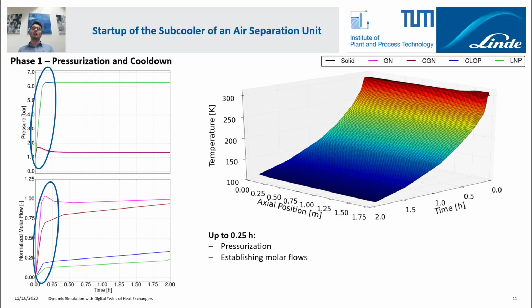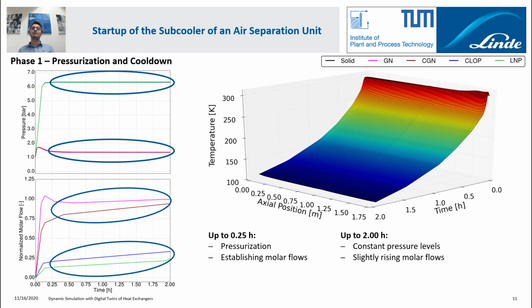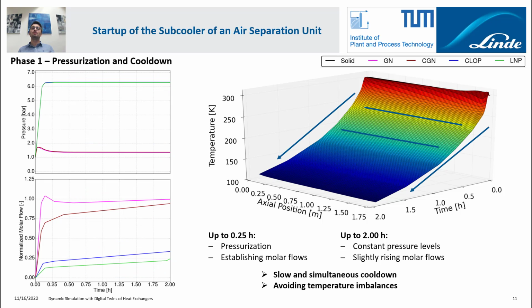Up to a simulated time of 0.25 hours, pressurization takes place and the molar flows are established in all passages. Up to a simulated time of 2 hours, constant pressure levels remain and we have slightly rising molar flows. This operation procedure leads to a slow and simultaneous cool down of the heat exchanger solids. This is used in order to avoid temperature imbalances in the heat exchanger solids and to avoid thermal stresses acting on the equipment.